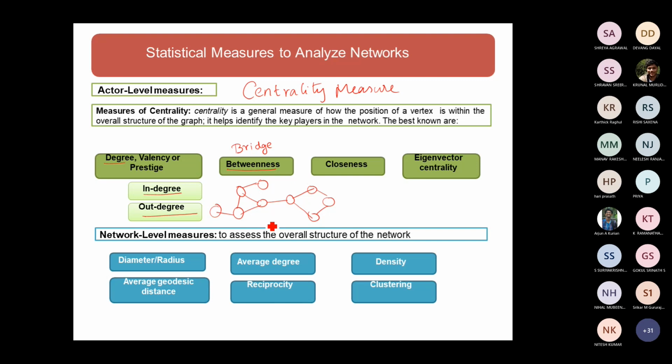So this is going to be the graph G. Identify which edge, or link, acts as a bridge to pass through in order to reach from a source node to the destination node. For example, I have a node 1.